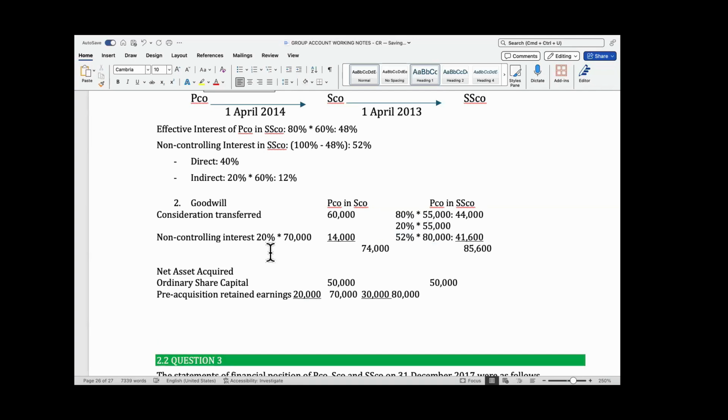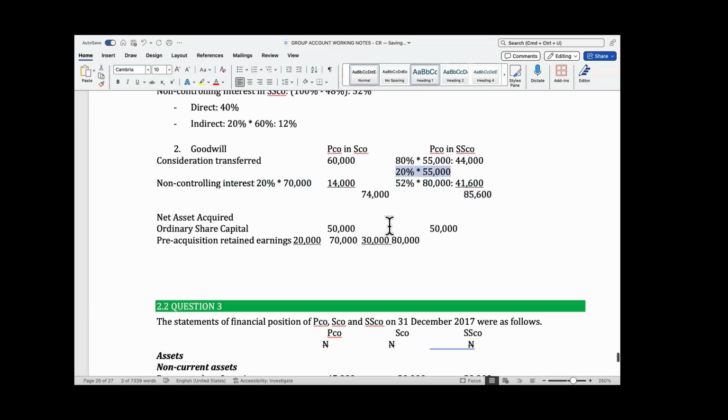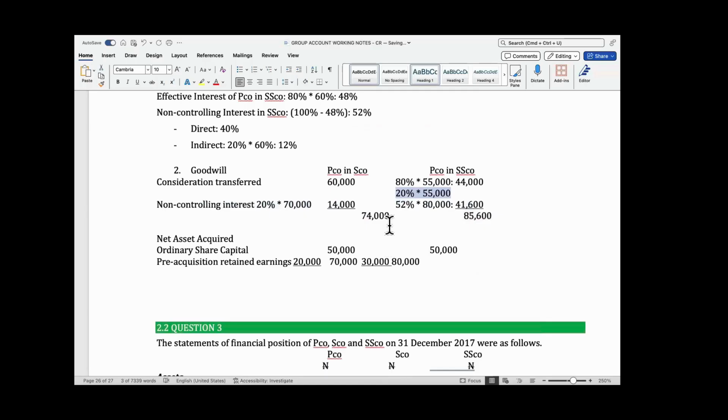We don't do that here because the intention of this line item is to get NCI value. Which is why this other one, this 20% of 55,000, you will go and deduct it when we ultimately want to get the global value of NCI.